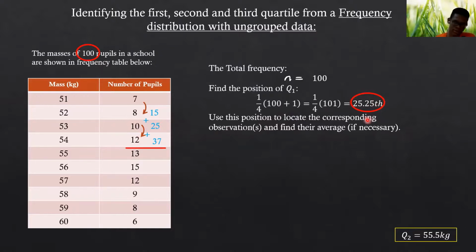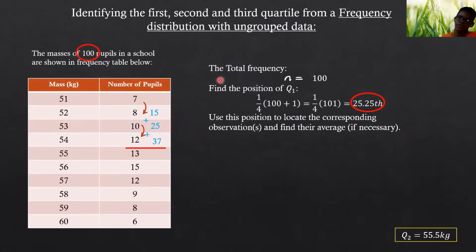But because the whole number is 25, the first quartile is stretching between these two observations.